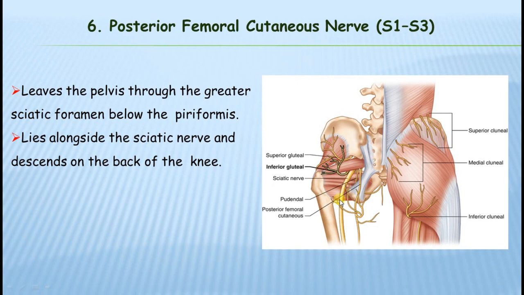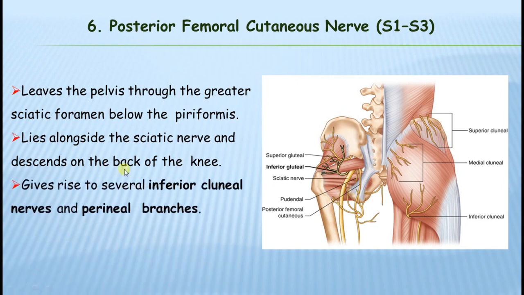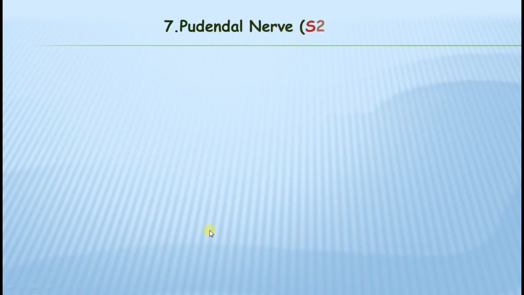Mainly it is responsible for supplying the back of the leg and also gives perineal branches. So it mainly supplies the skin of the posterior part of the scrotum or labia majora, that is its perineal branches.